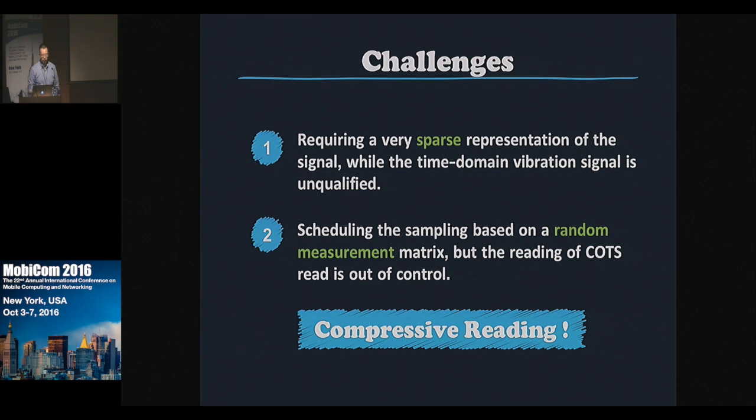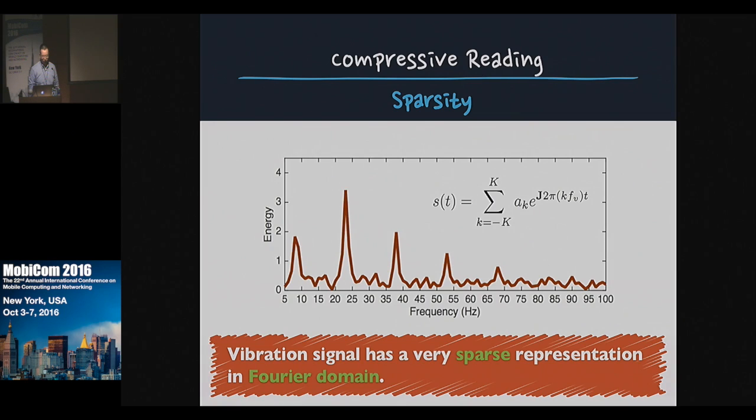However, our time domain vibration signal is not qualified. And second, CS makes a measurement matrix in advance and then schedules the sampling based on this matrix. We use a commercial RFID reader, which means that we cannot make any modifications to the reader, and we cannot command the reader to reply at a specific timing.